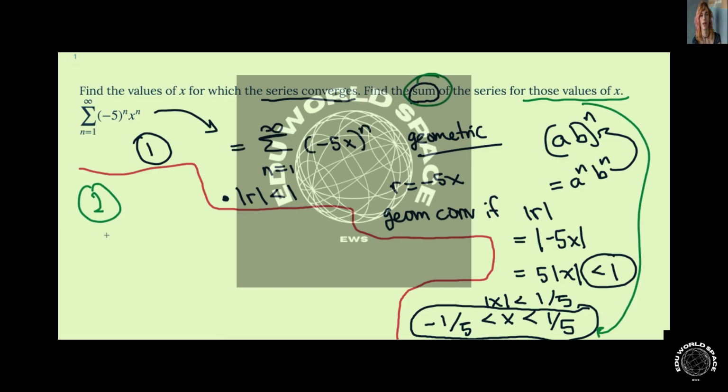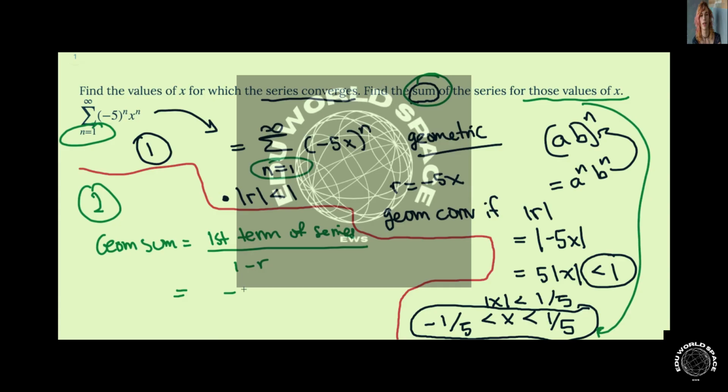So we know for a geometric series, the sum will equal the first term of the series. This formula works regardless of what the starting point for n is, over 1 minus r. In this problem, the first term of the series comes from plugging in n equals 1.